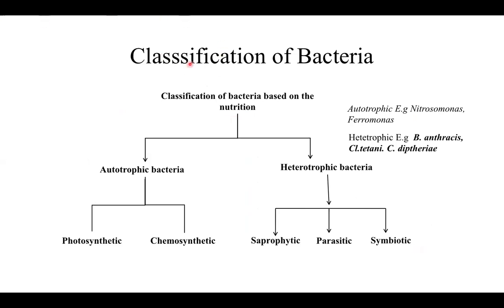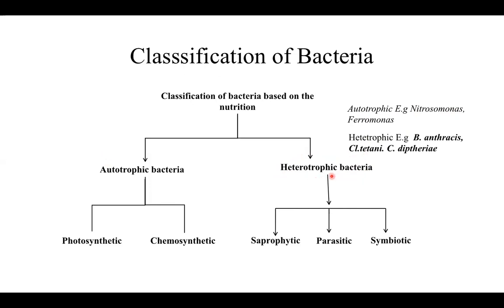Another method for the classification of bacteria is based on nutrition. Some of the bacteria can synthesize their own food. They are known as autotrophic bacteria. Examples are Nitrosomonas. Most of the bacteria cannot synthesize their own food, and they depend upon others for food.